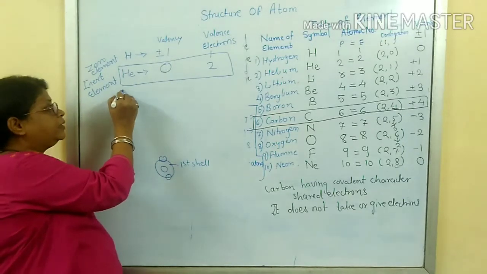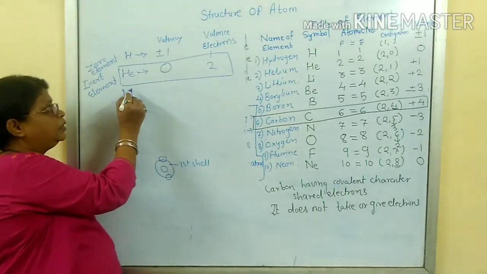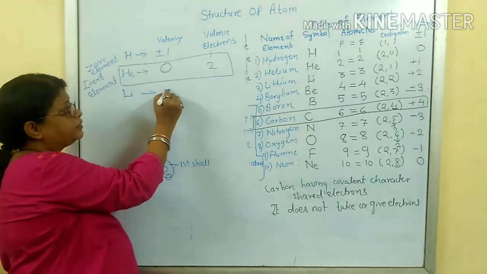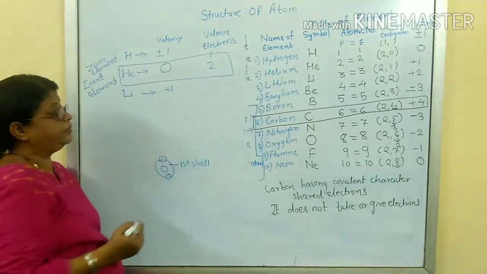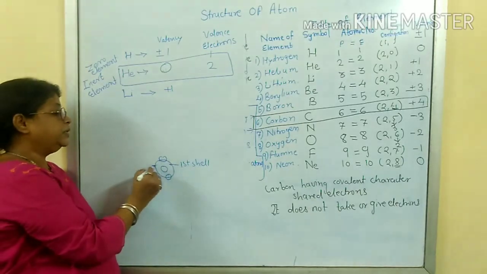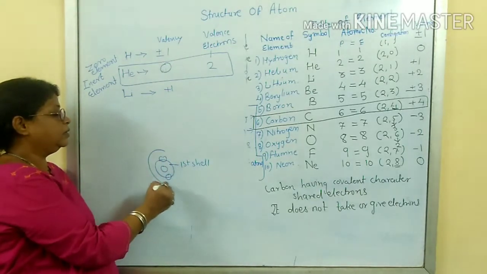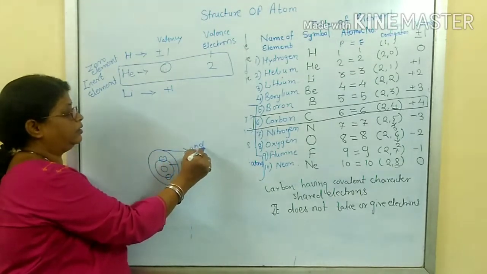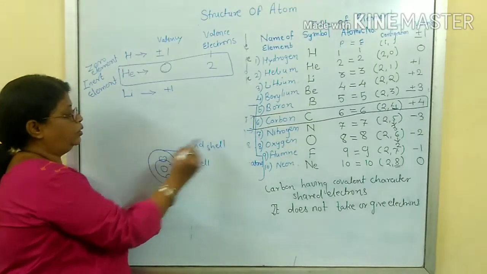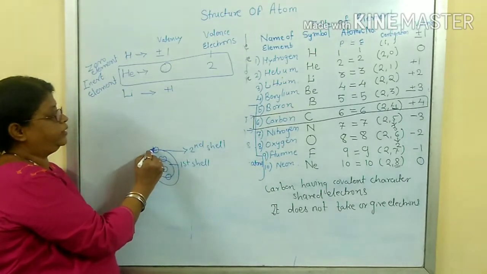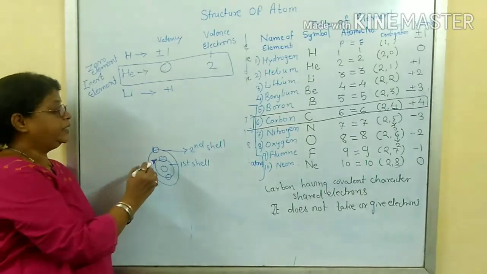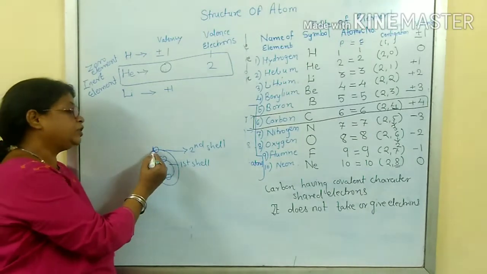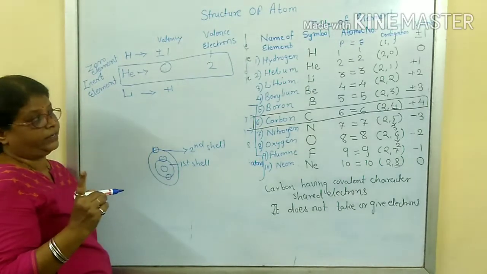Then we take lithium. In lithium, the valency is plus 1. Lithium has a second shell, and in its second shell only 1 electron revolves. Its first shell has 2 electrons and the outermost shell has 1 electron.